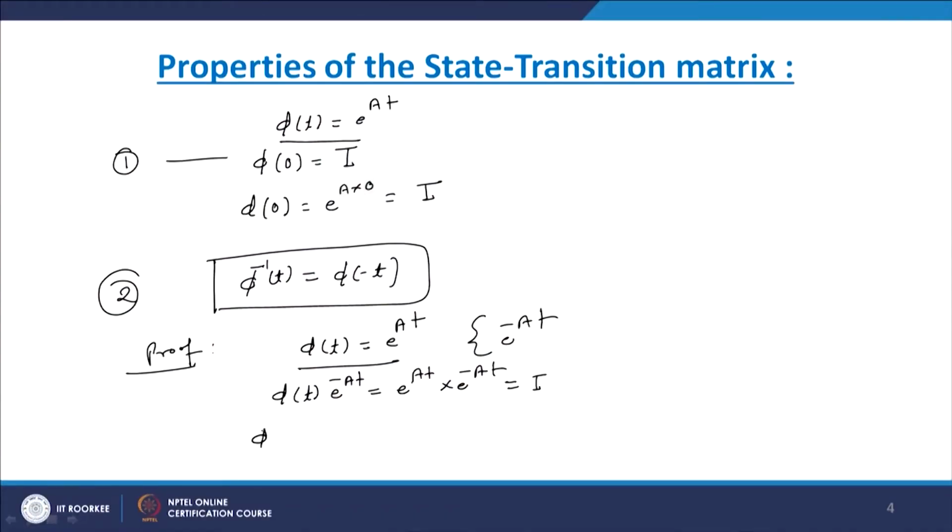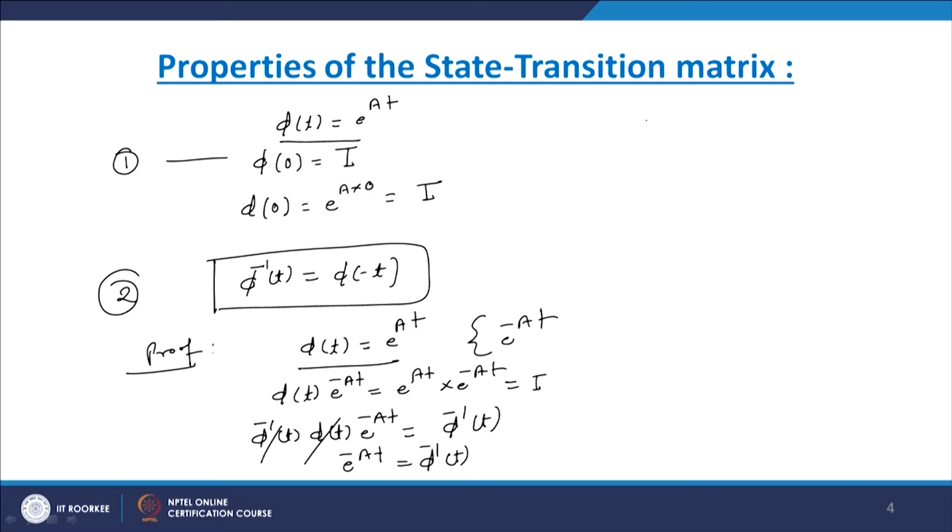If you multiply phi inverse of t into phi of t, which is e raised to minus a t, phi inverse of t times phi of t is I. So this is cancelled, and what we get is e raised to minus a t equals phi inverse of t.